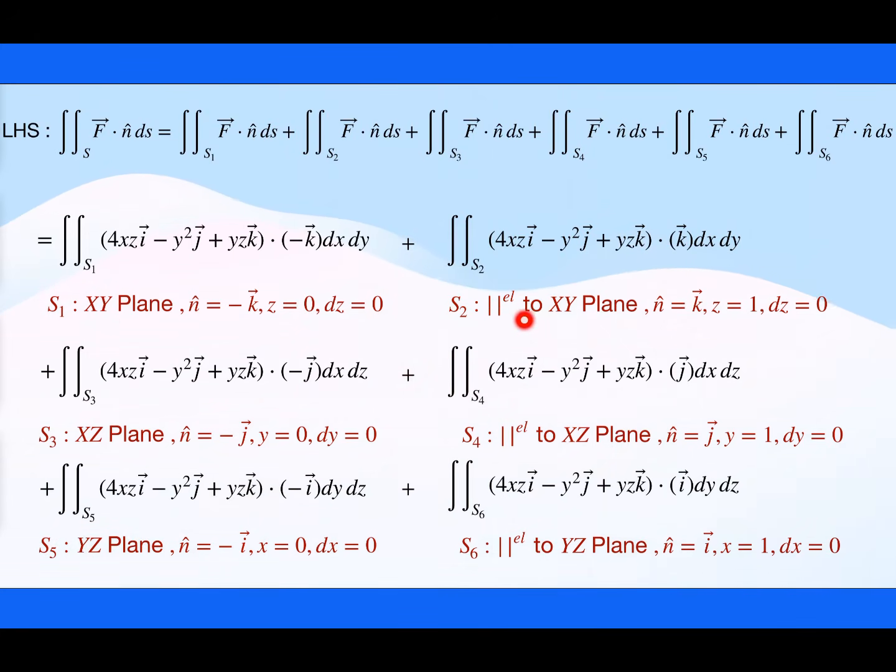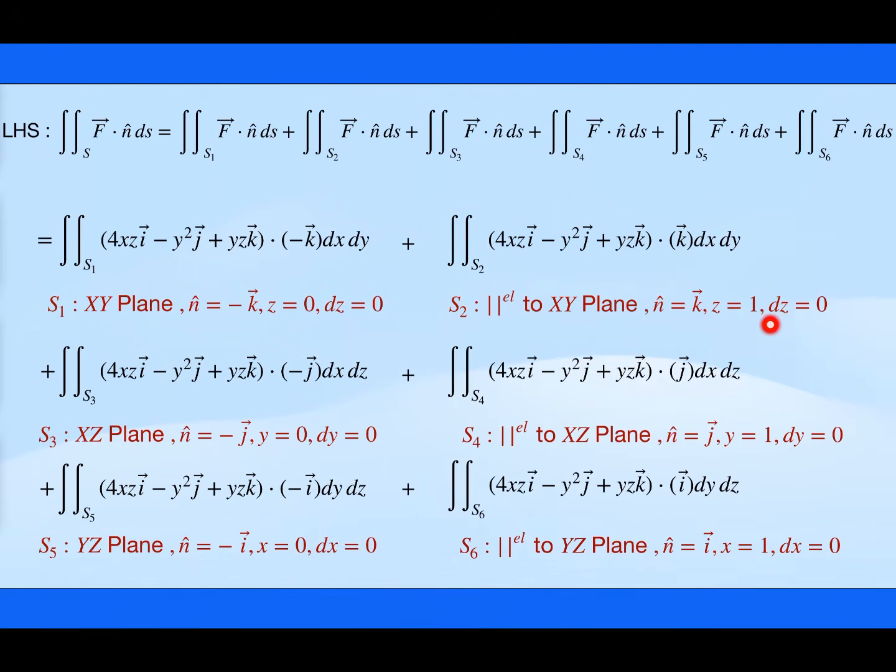Similarly, when you take parallel to the xy plane, in S2, only your n cap changes. n cap is nothing but the unit outward normal, which is going outer side. So I mean that is the top side. So you have n cap is k vector, and z is of course the height. So here 0 to 1. So the height is 1, but still dz is 0 because differentiation of z, when constant, is 0.